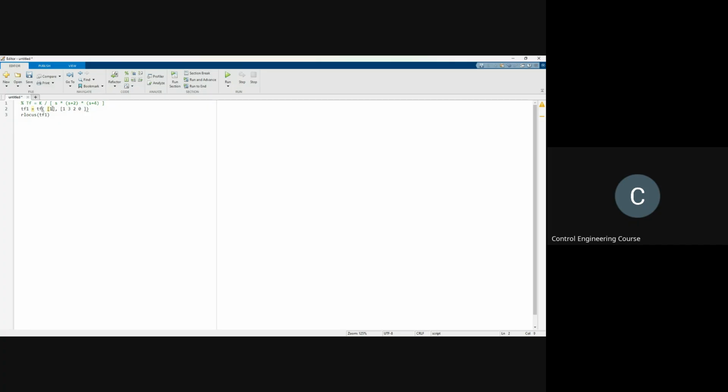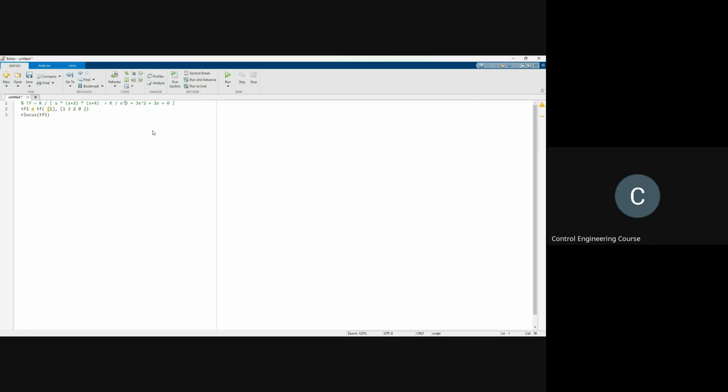The first square bracket is the numerator and the second square bracket is the coefficients of the denominator. Written as a polynomial, this gives K by s cubed plus 3s square plus 2s plus 0. Nothing is there for the constant, so I'm considering 0.